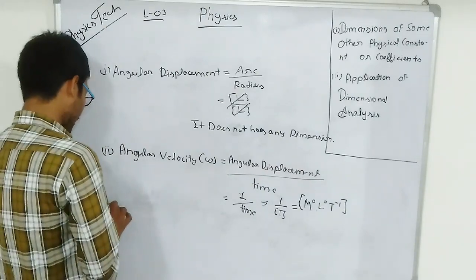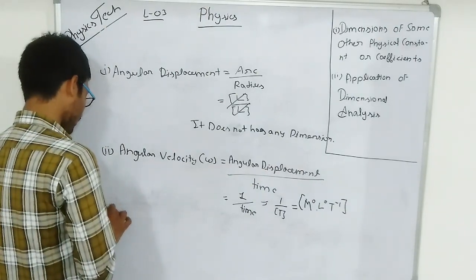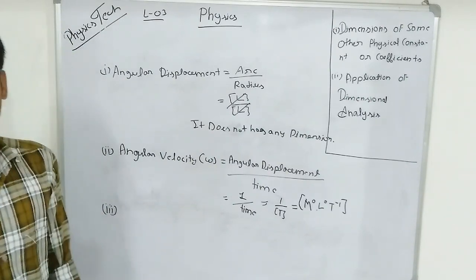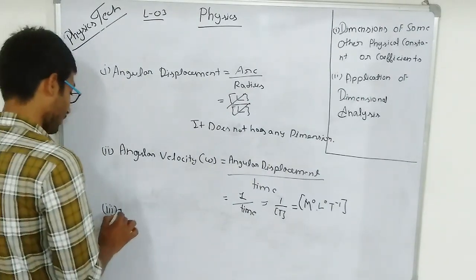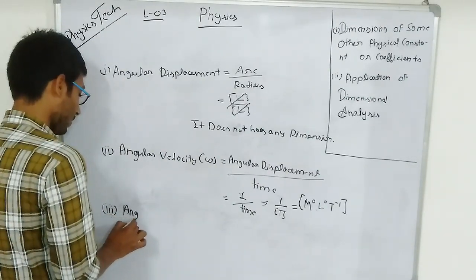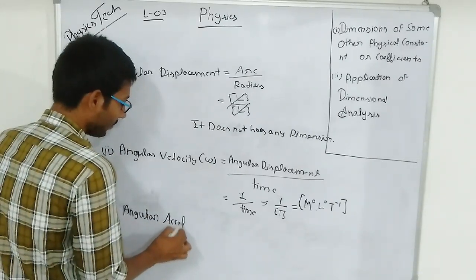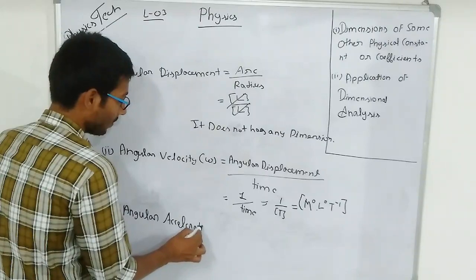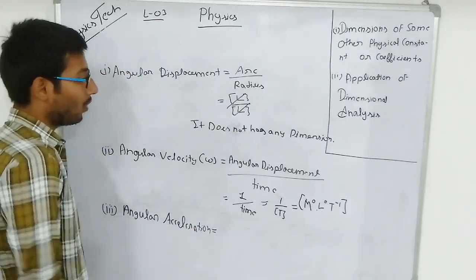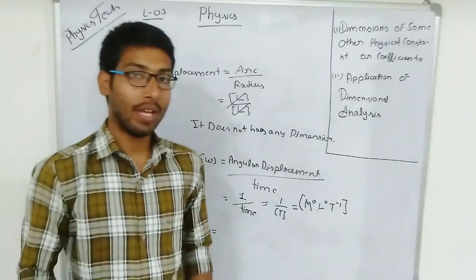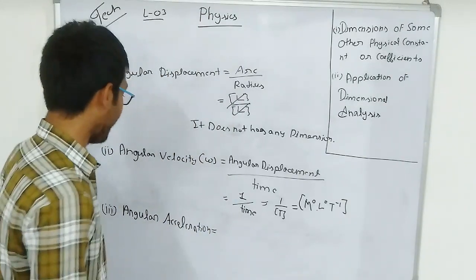Now number third, dimension of angular acceleration. We know that angular acceleration is equal to angular velocity upon time.